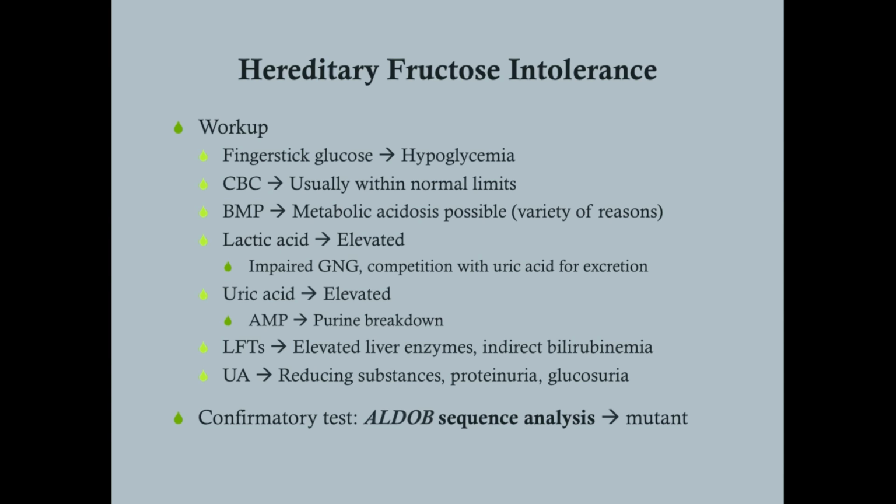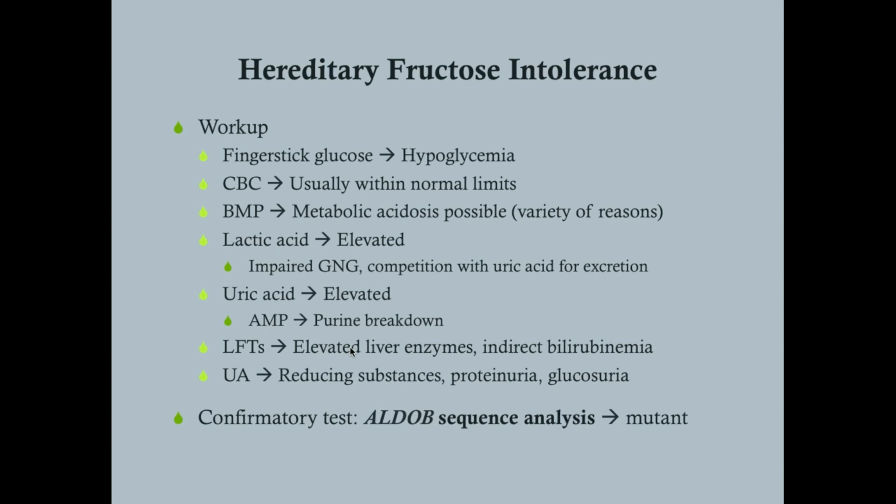Because they have elevated AMP, that is going to induce purine breakdown of these molecules. And whenever you have purine breakdown, one of the byproducts of that is uric acid, and so that is another reason why they get uric acidosis. So lactic acidosis and uric acidosis.